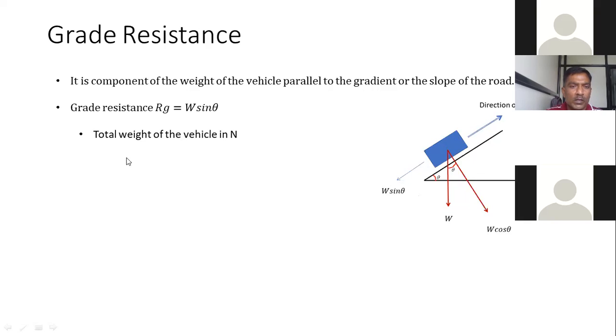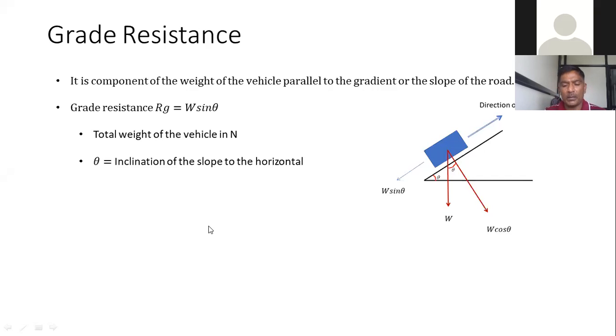Here W is the total vehicle weight, which is in Newton, and theta is the inclination of the slope to the horizontal.